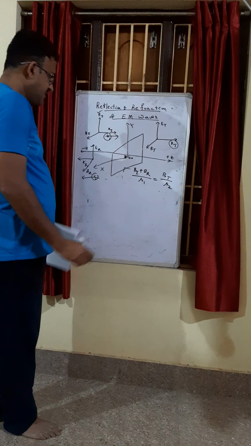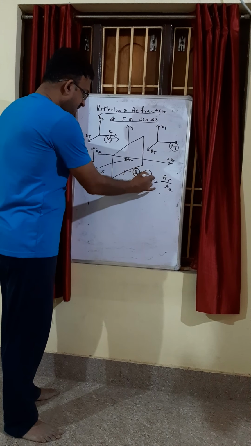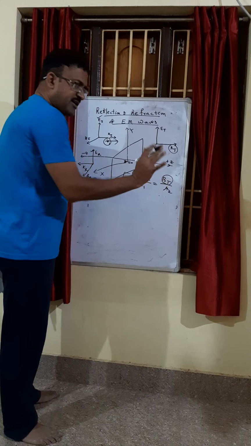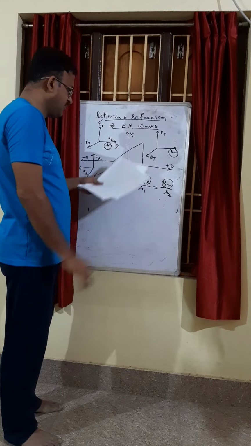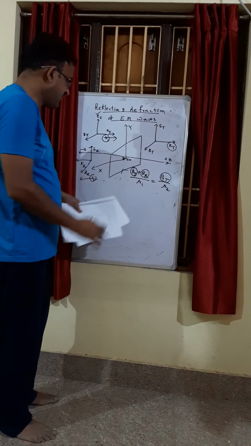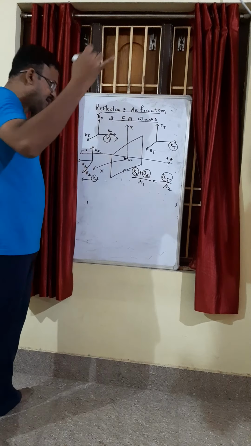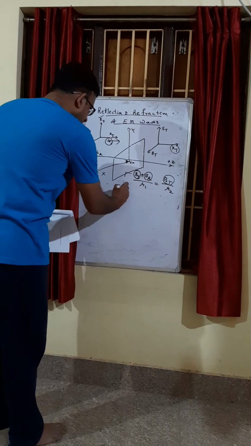Now you can write the expressions for BI, BR and BT. That we have already done. As we are studying near the boundary, we will put z equal to 0, and this equation will be reduced in terms of their amplitudes in the similar way. So what equation do we get from here?